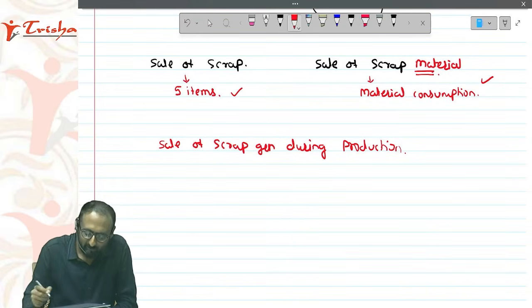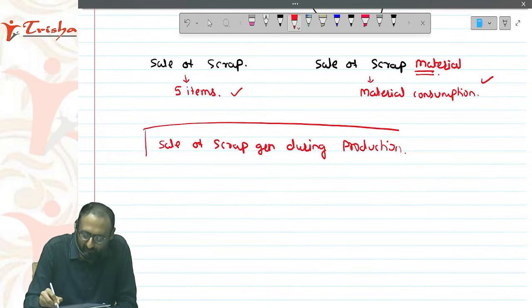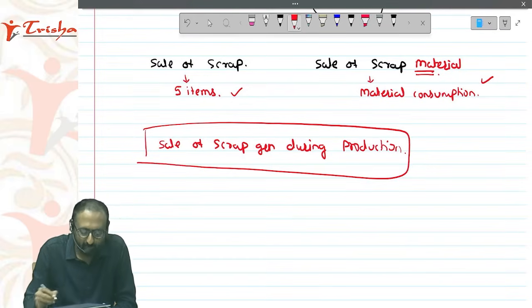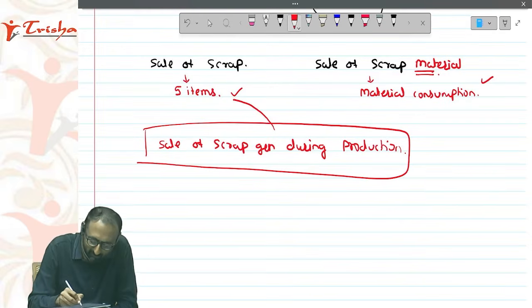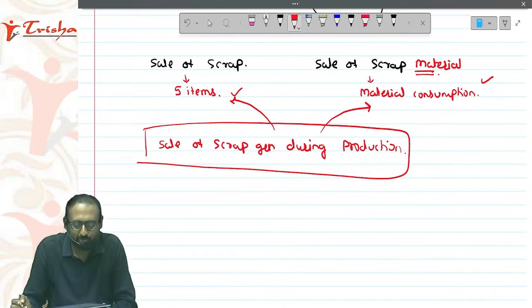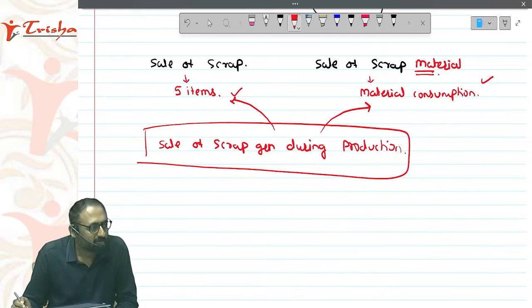So you tell me, where will you adjust this sale of scrap? Will you adjust in one of the 5 items, or in material consumption? What is the deciding rule? What is the thumb rule?